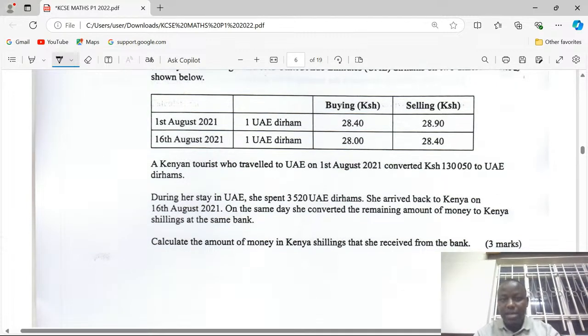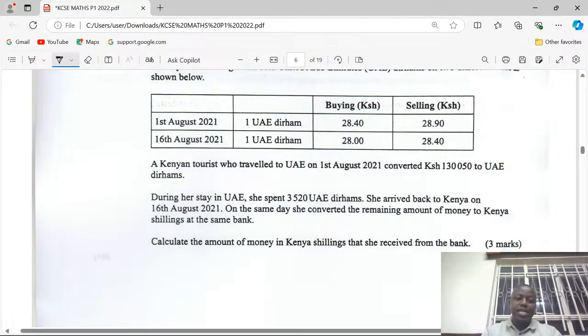We are just buying and selling one currency, but at different times. A Kenyan tourist who traveled to UAE on 1st August 2021 converted 130,050 Kenya shillings to UAE dirhams.